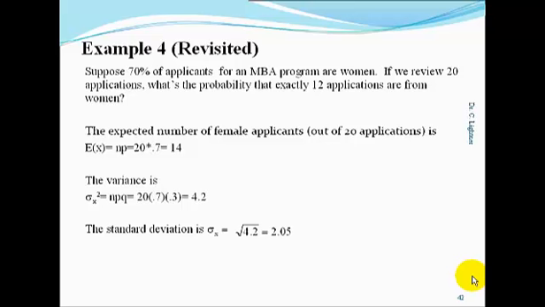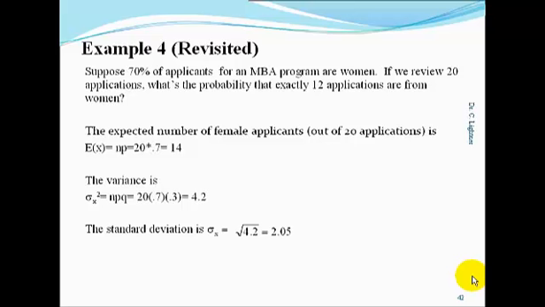This formula tells us that the expected number of female applicants is equal to n times p. In this case, our n equals 20 and our p equals 0.7. Multiplying those values, we get 14. We should expect that 14 out of 20 of our applications would be from females.